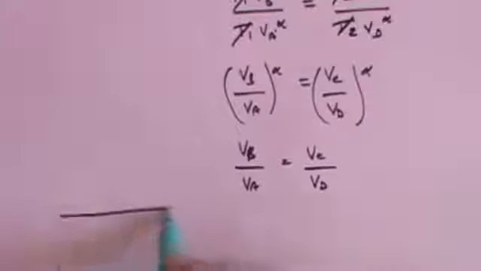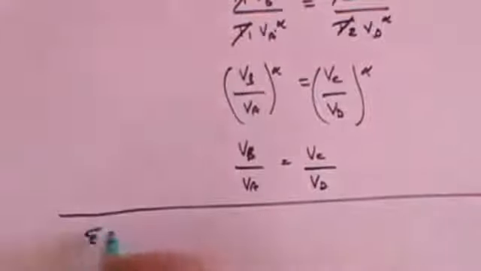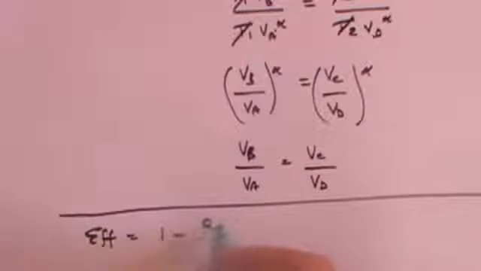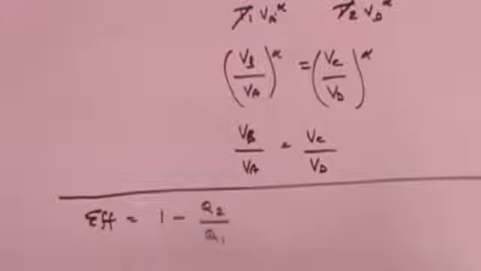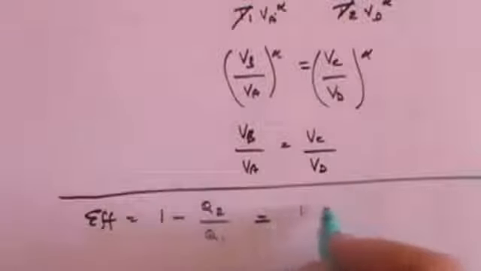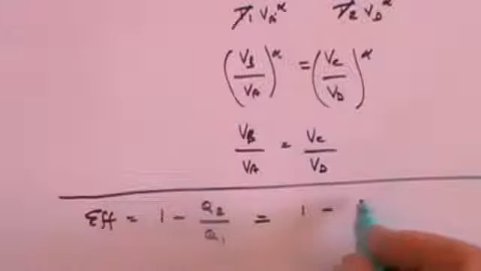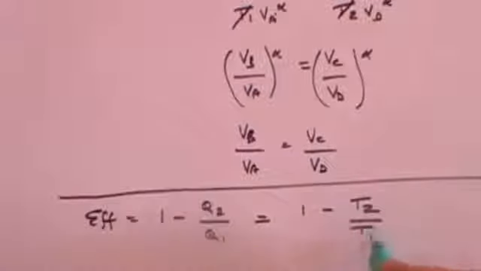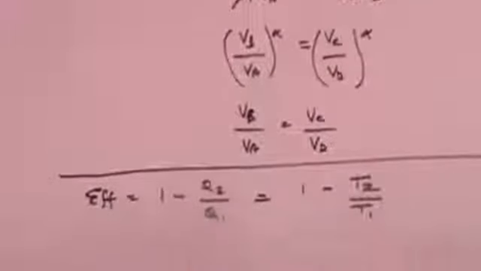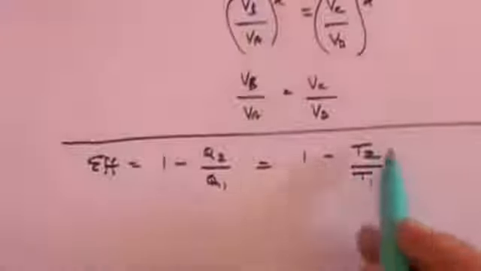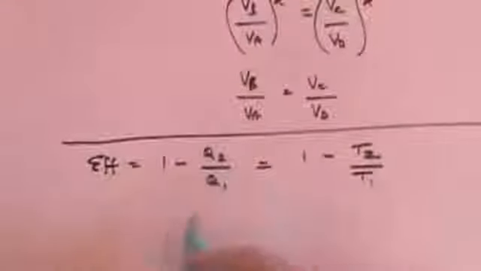So, now we've managed to show that the efficiency of an engine is equal to 1 minus Q2 over Q1, that is the heat out divided by the heat in, but we just showed that it's also equal to 1 minus T2 over T1. And if that's the case, then this term must equal that term.